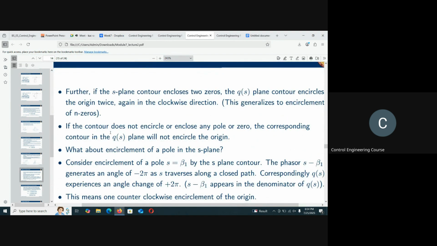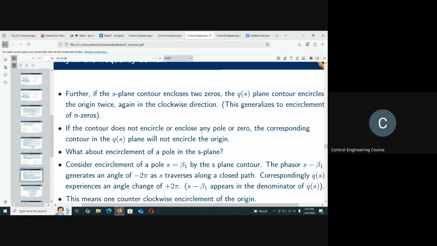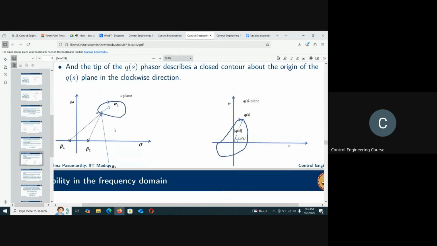If the contour does not encircle any pole or zero, then the Q of S contour also will not encircle the origin at all. Assume the loop is like this, then this loop will be also something like this. It won't encircle the origin.